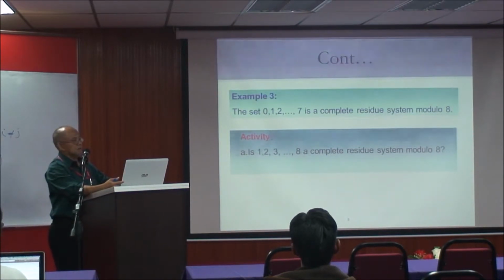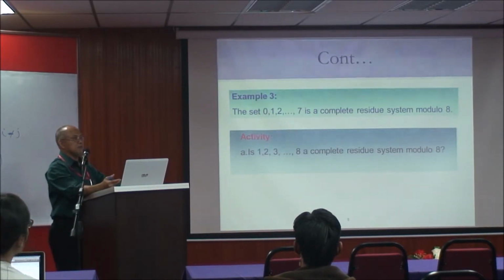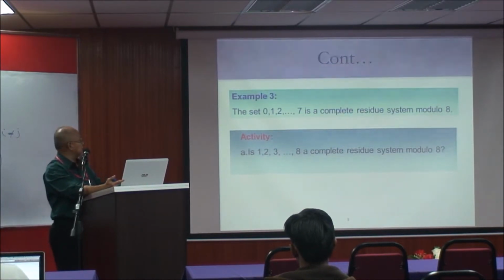So meaning that if you have 8 integers in a set, each congruent to exactly one of the residues, and you replace any of those integers with an integer in the same congruence class, the set of numbers will still be a complete residue system modulo 8.